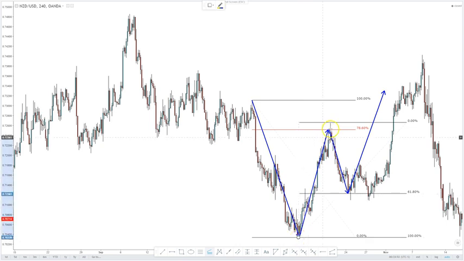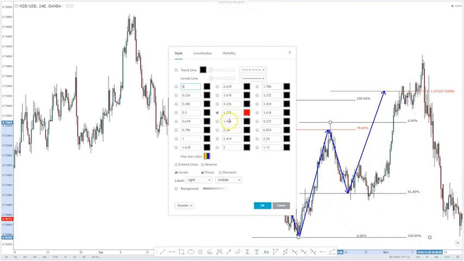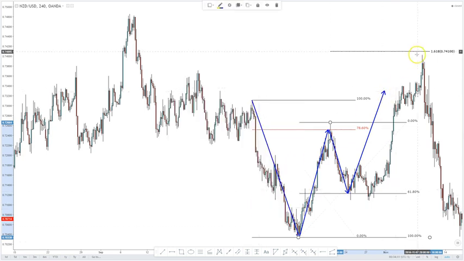A, I'm going to do it up to this high, B, A. This is for the ABA, so we don't need the 1.27, just the 1.618 and the 2.24. We see the 1.618 literally right there. I'm sure if I adjusted this extension just a little bit to the 0.786, watch. So ABA.